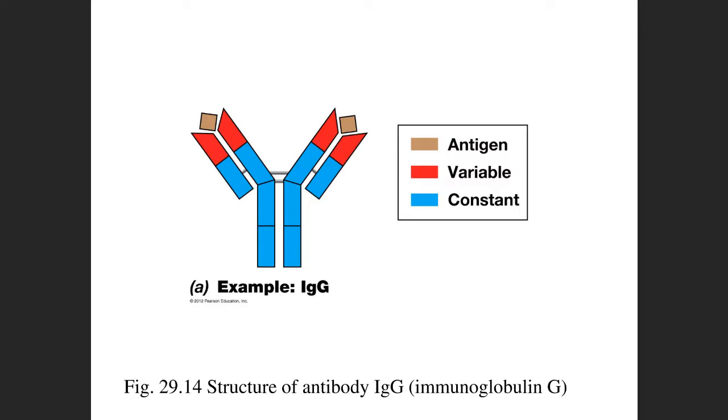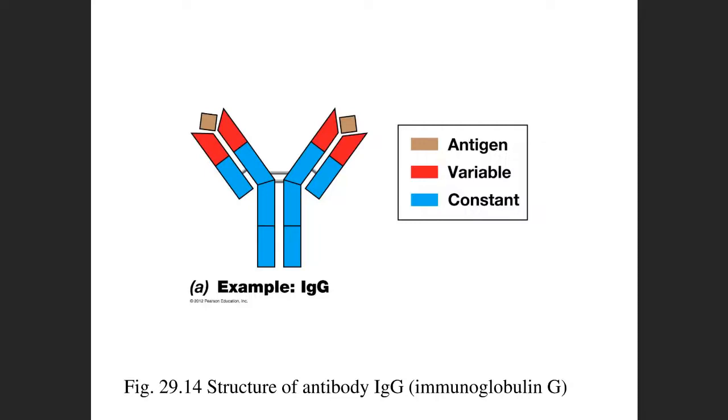The constant region is constant among all human cells. So you and I will all have the same constant region. All humans have the same constant region. But individually, even within your cells, you will have lots of different B cells.